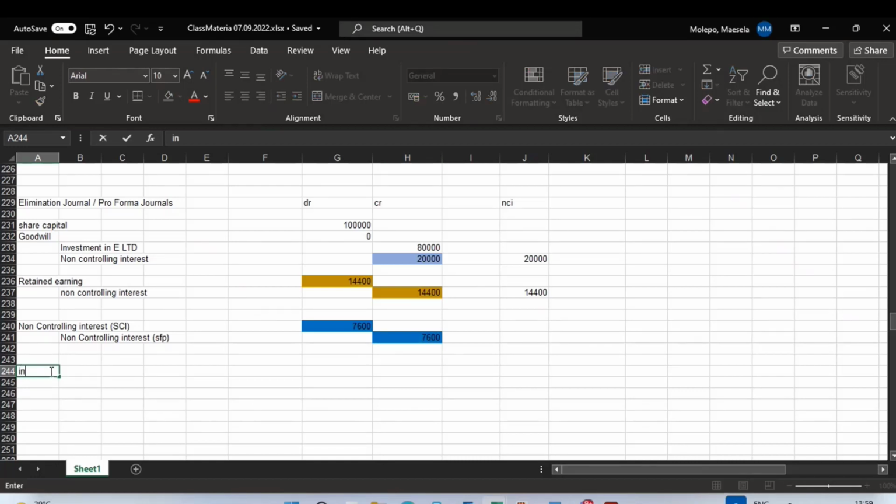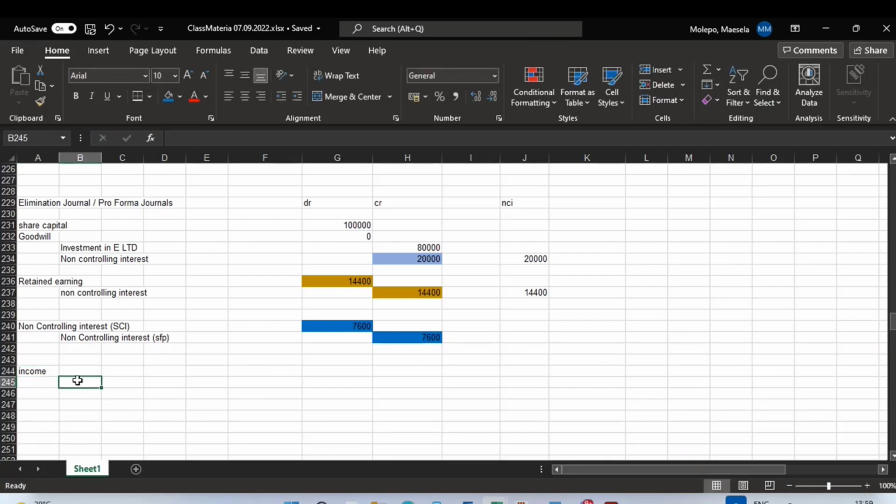We have income; we are eliminating them. It will be the sales from E to D. Initially, it was supposed to be credited, right? Because remember, when we sell, your sales increase on which side? On the credit side.